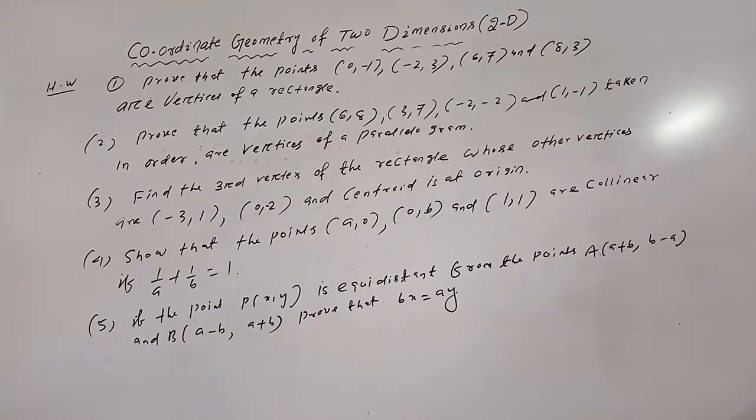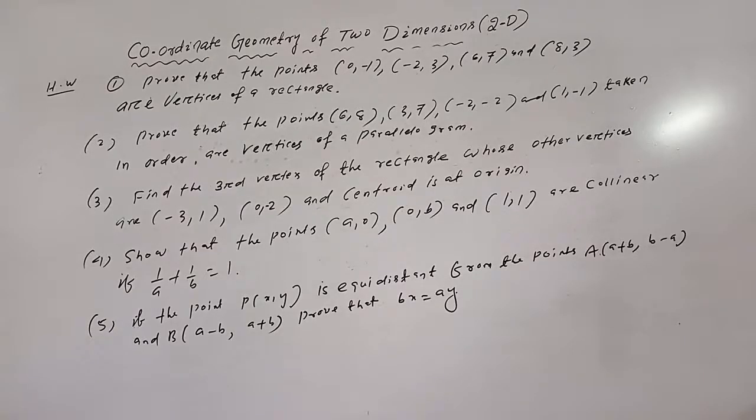Number 2: these are the vertices of a parallelogram, means you have to prove that the diagonals of a parallelogram bisect each other, meaning the midpoint of the diagonals is the same, and opposite side lengths are the same, and the diagonals are not equal in length.